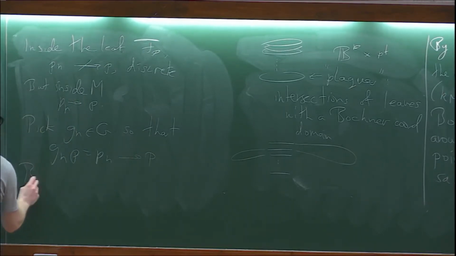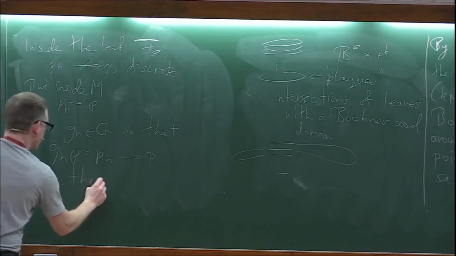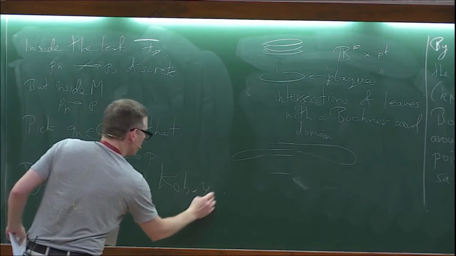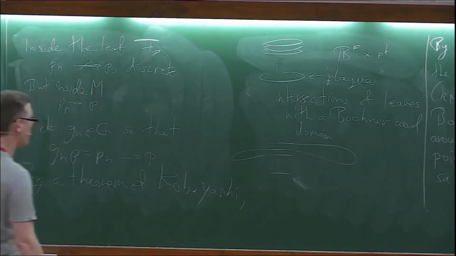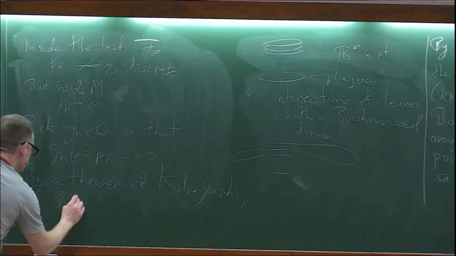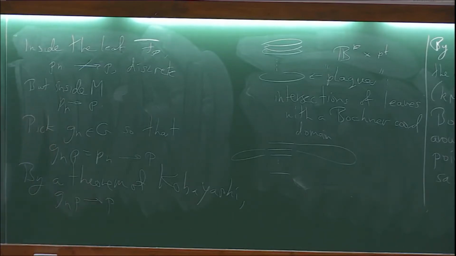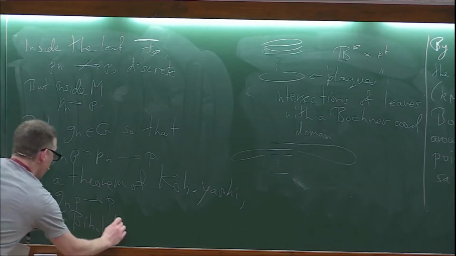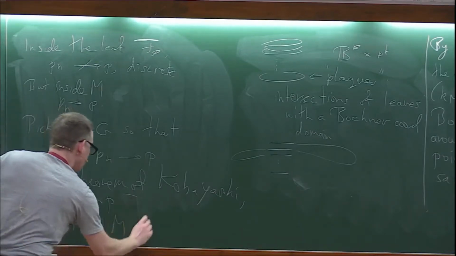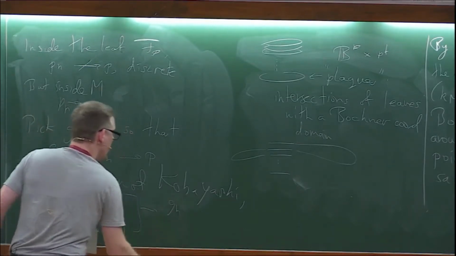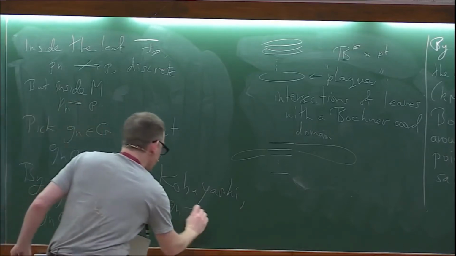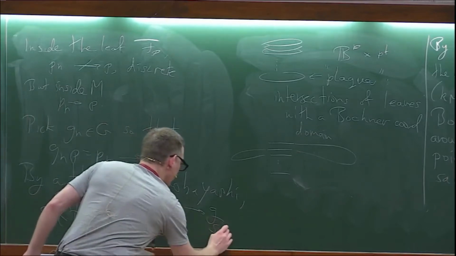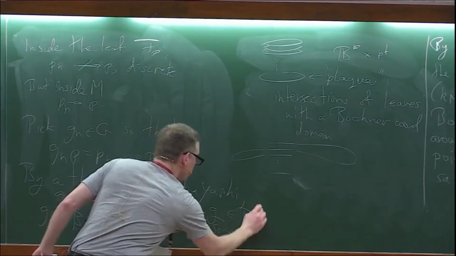By a theorem of Kobayashi, which I probably should have mentioned earlier, the fact that the Gn Pn converge, and the Gn are in fact biholomorphisms of a Kobayashi hyperbolic manifold, implies that the Gn, after maybe taking a subsequence, converge to some G, a biholomorphism.